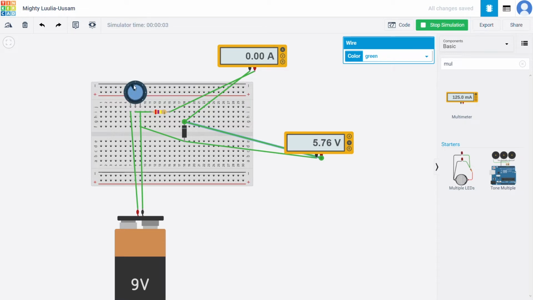As you can see, there is no current through the circuit. This means that the diode blocks the current.